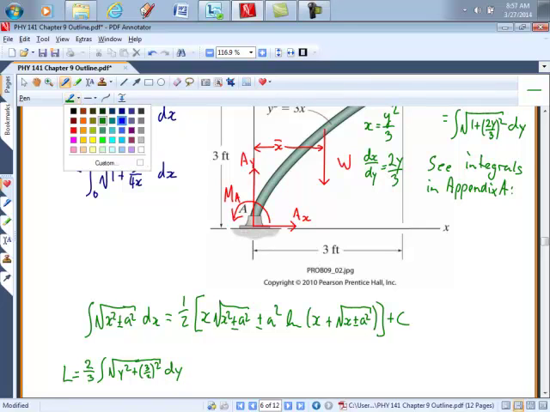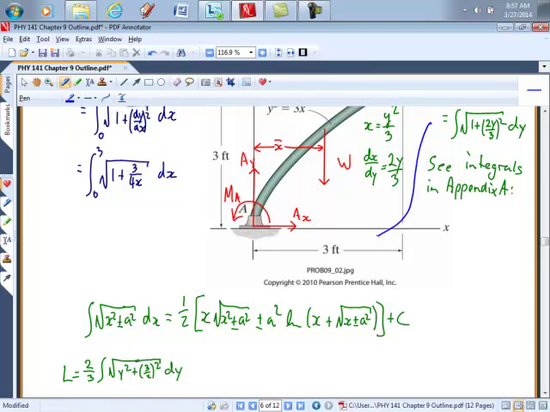Let me just show where that's coming from. So this becomes this. Does everybody see that this is the same as this? And this matches up with this.